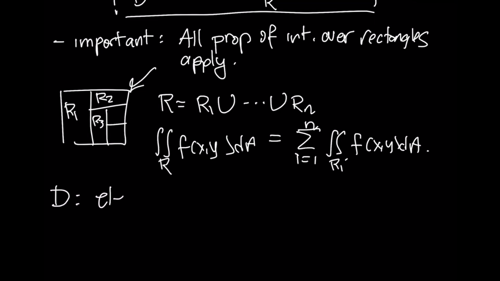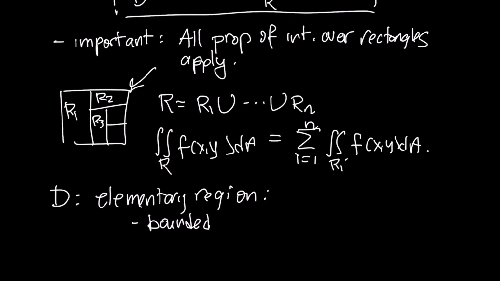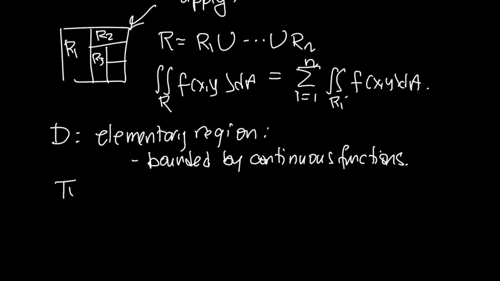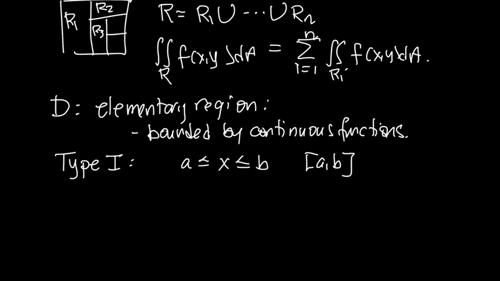This D is going to be what's called an elementary region, bounded by continuous functions and finitely many of these continuous functions. So we can talk about a type 1 elementary region. Here, the value of x is bounded by 2 values, but y is going to be bounded by some continuous functions of x.